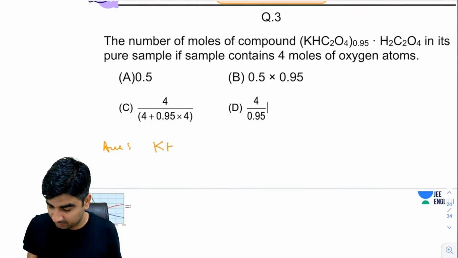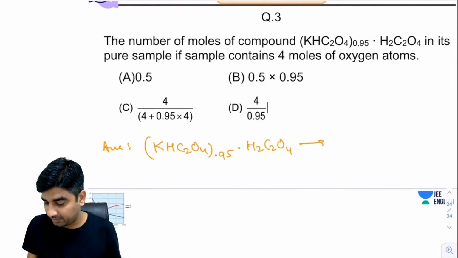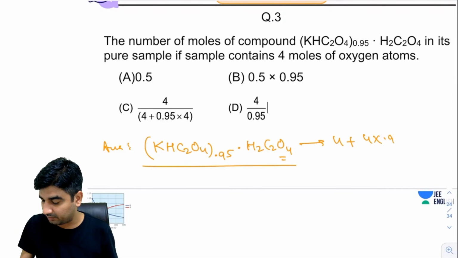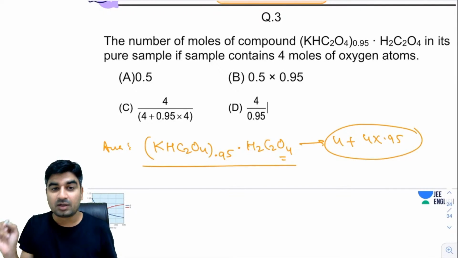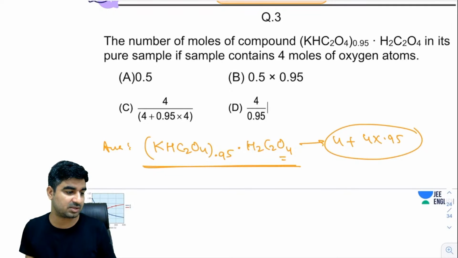So let's see. KH C2O4.95. If I take one molecule of this, the number of oxygen atom will be 4 plus 4 into 0.95. So if these number of moles of oxygen are there, then I will say 1 mole of it is having these number of molecules.